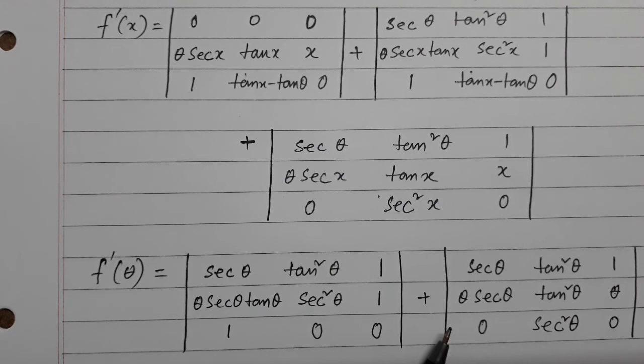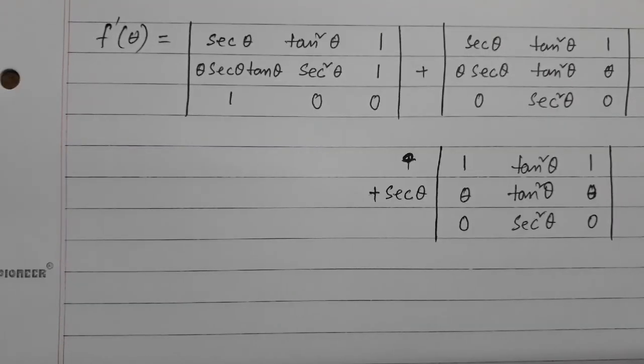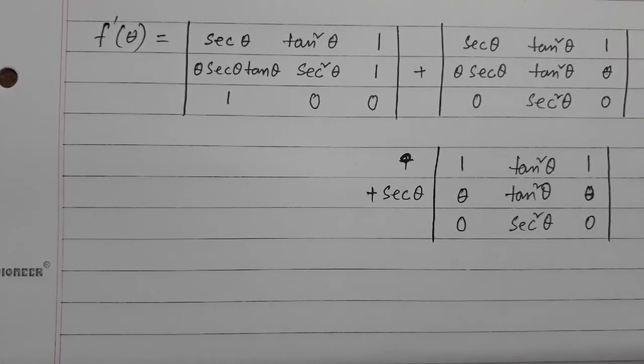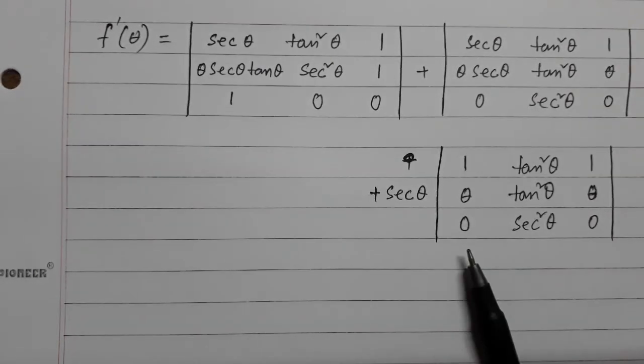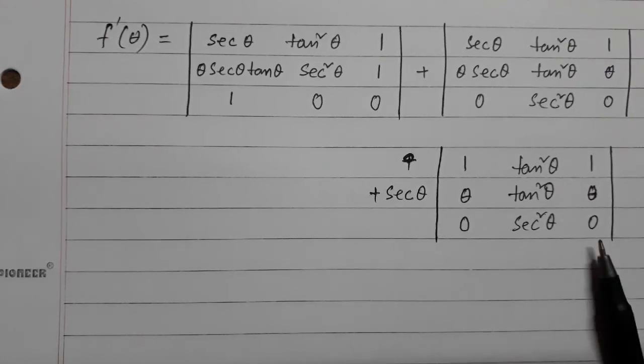Again in this determinant we can see from the first column we can take secant theta common. So after taking secant theta common we get this matrix, where we can see the first and the third columns are same. So therefore the determinant of this matrix will be 0.